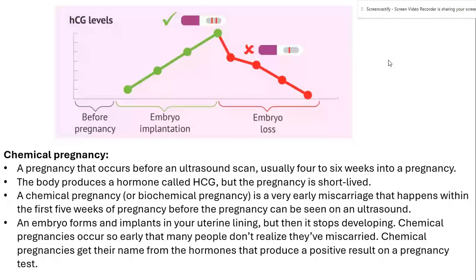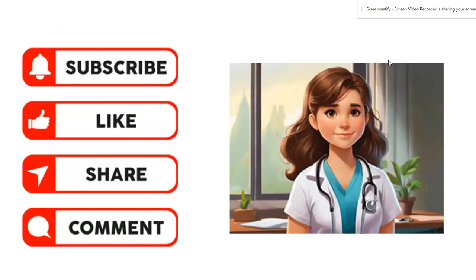A chemical pregnancy or a biochemical pregnancy is a very early miscarriage that happens within the first 5 weeks of pregnancy before the pregnancy can be seen on an ultrasound. An embryo forms and implants in your uterine lining, but then it stops developing. Chemical pregnancies occur so early that many people don't realize they have miscarried. Chemical pregnancies get their name from the hormones that produce a positive result on a pregnancy test.